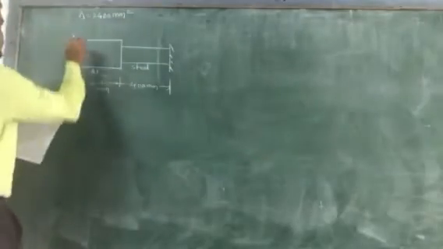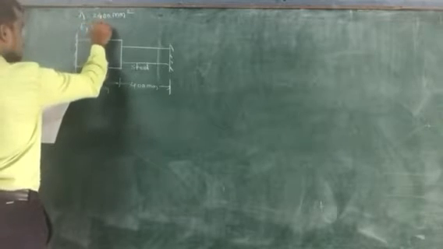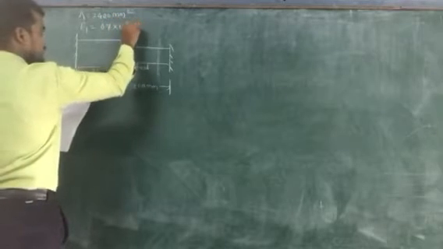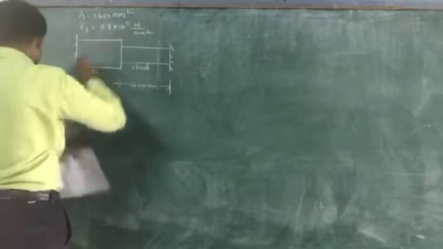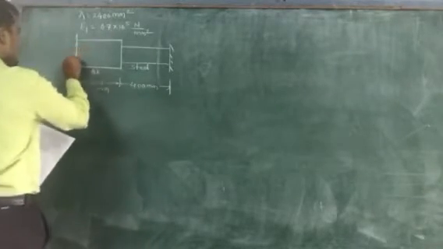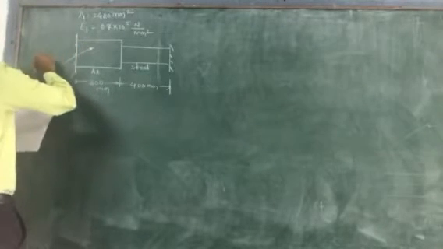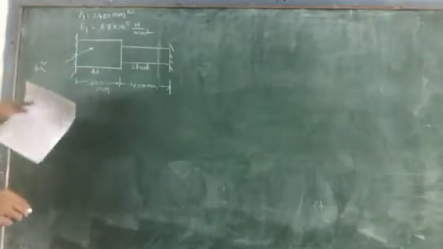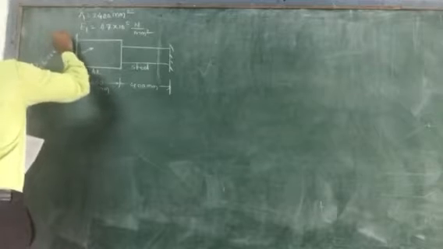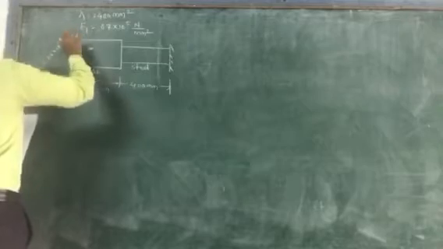Next, E1 for the first, aluminium, is given as 0.7 into 10 raised to power 5 Newton per mm square. Next is alpha 1, the given coefficient of thermal expansion, equal to 22 into 10 raised to power minus 6 per degree Celsius.